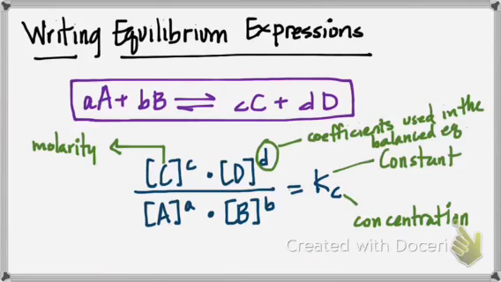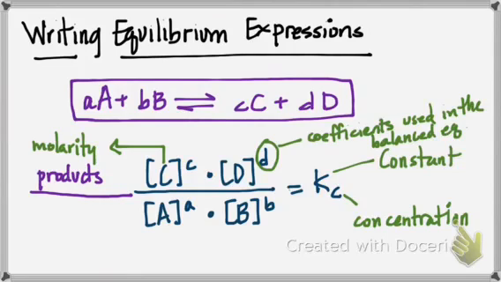Now there are a couple of things that you need to pay attention to here. You've got your basic equation set up in the purple, in the box, and I've broken down the setup of how this is done below. If you notice, your products go on the top of the fraction.